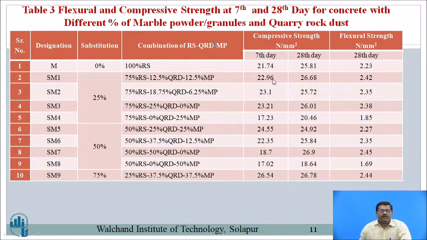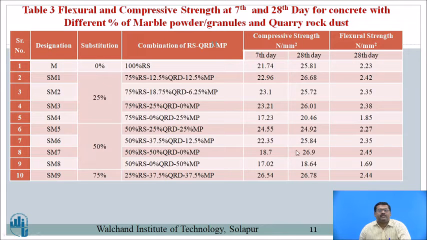As substitution started, at 25% substitution, the strength has reduced. If you observe this, the 28 day strength has reduced. Somewhere it is increased, for this mix SM3, the 7 day strength is increased a little bit, and the 28 day strength is also increased. In 50% substitution, the strength has increased for SM5 and SM6, but for SM7 and SM8, the 7 day strength has reduced.